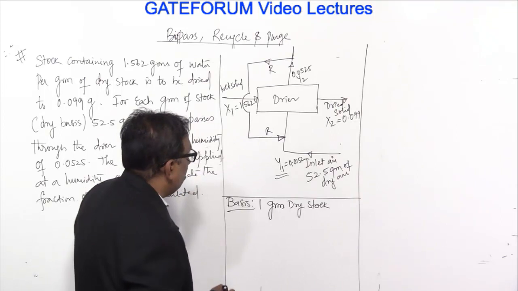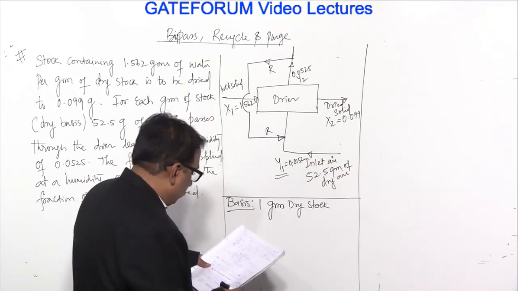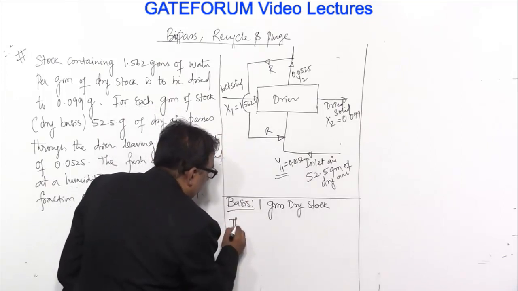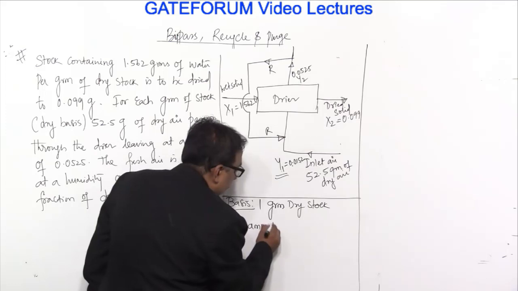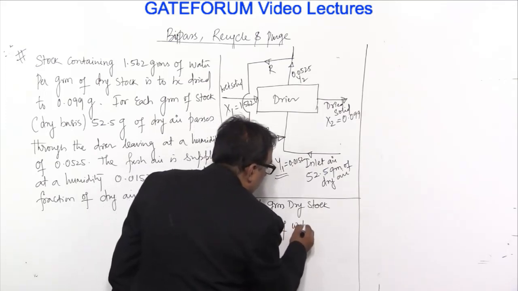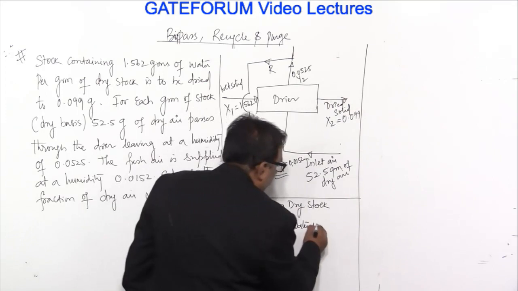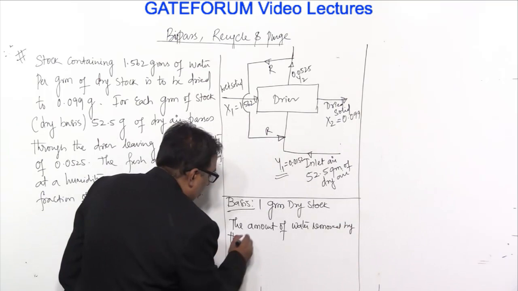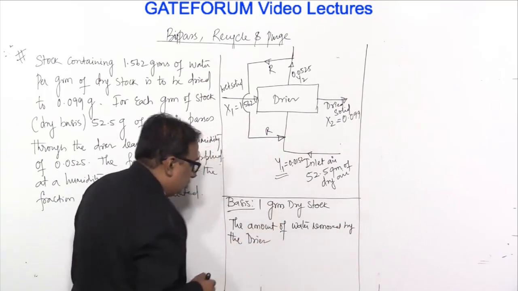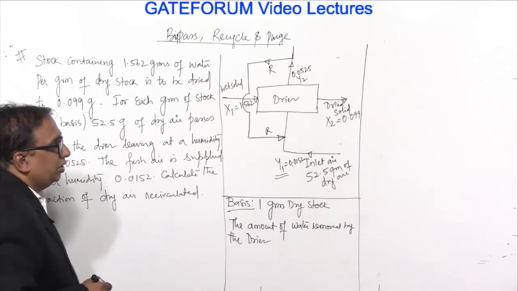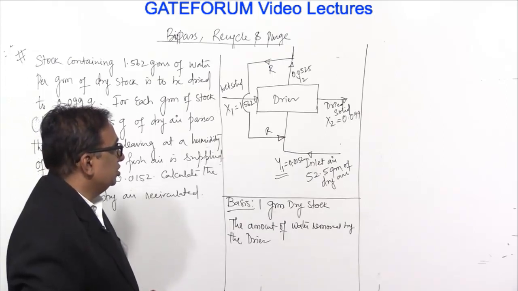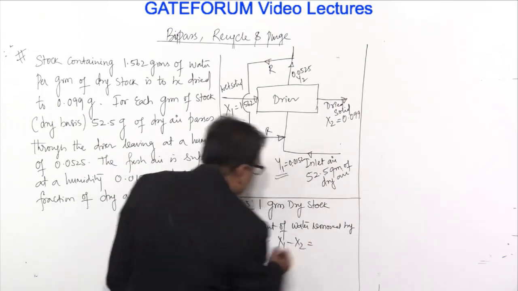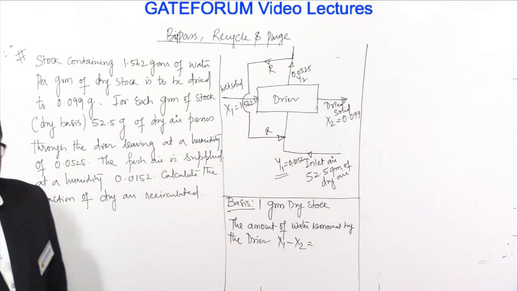Now, the amount of water removed by the dryer. Let us see the amount of water removed by the dryer. It is X1 minus X2, correct? Because X1 is the wet solid and X2 is the dry solid.